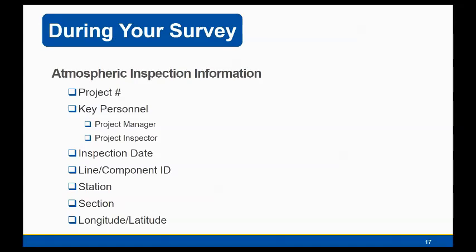People are now starting to retire, and names don't really mean as much as line numbers, what the station is, and longitude and latitude. This information is actually very static, and really kind of solidifies a little bit of the location information that you want to collect while you're out there.